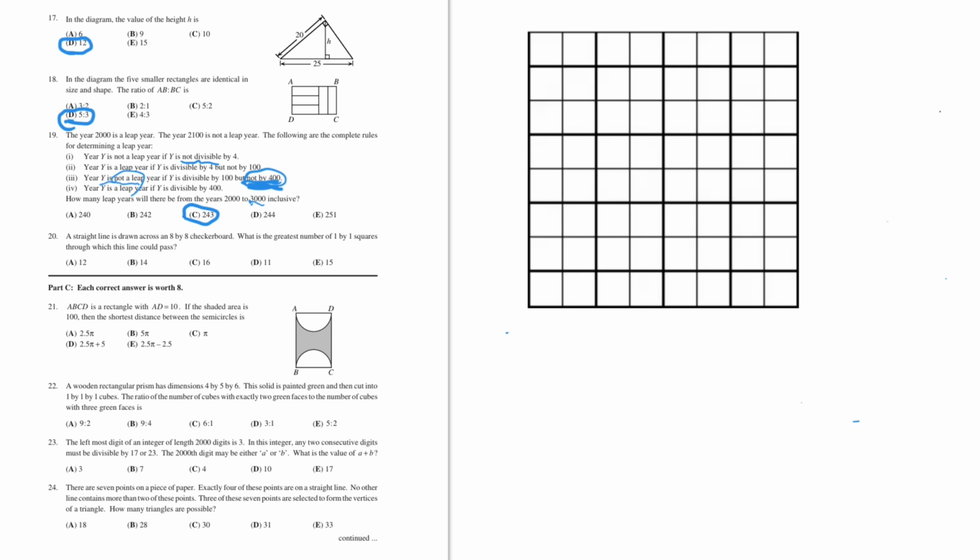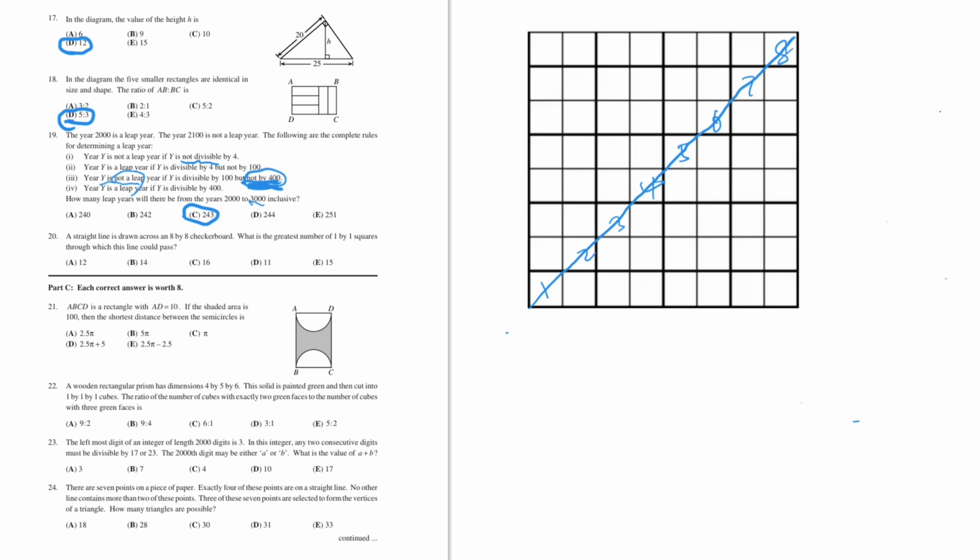So they ask what is the greatest number of squares we can cross. Now usually we draw the diagonal. Look at this diagonal. It crosses 1, 2, 3, 4, 5, 6, 7, 8. It crosses 8 squares.